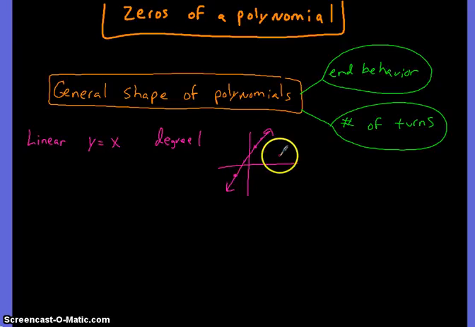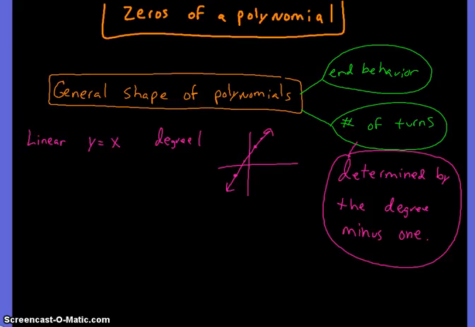You never start to change direction and go back down. The reason why is because it's linear, and this graph should have 0 turns. The number of turns is determined by the degree subtract 1. So since it's determined by the degree subtract 1, and my degree is 1, my number of turns should be 0.